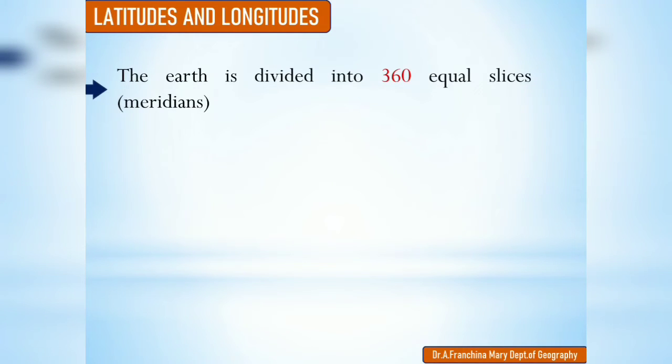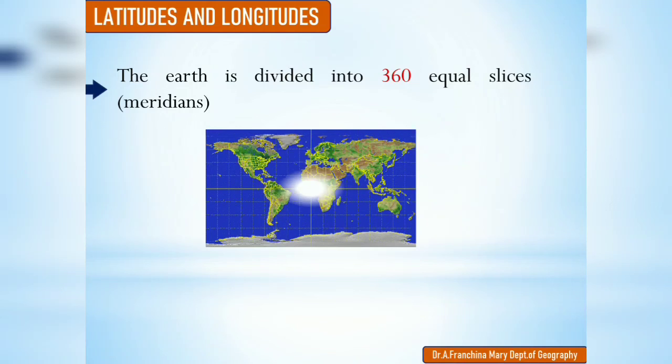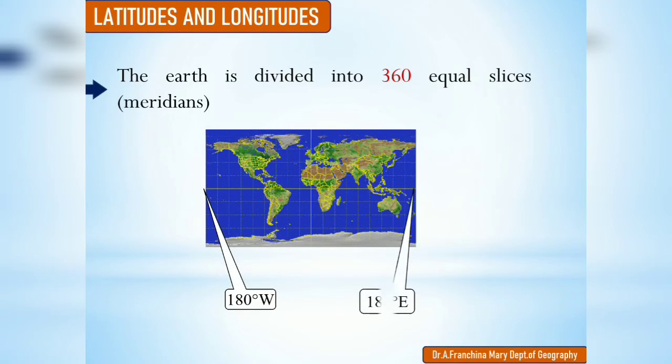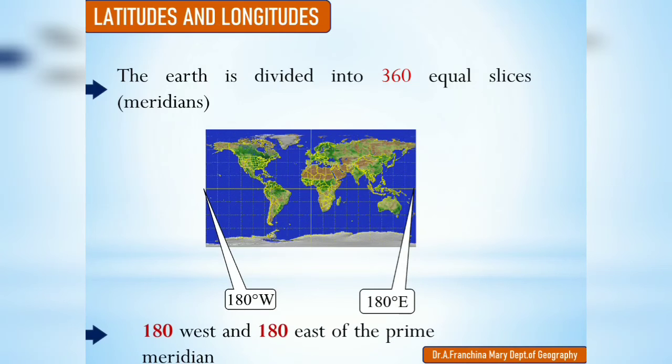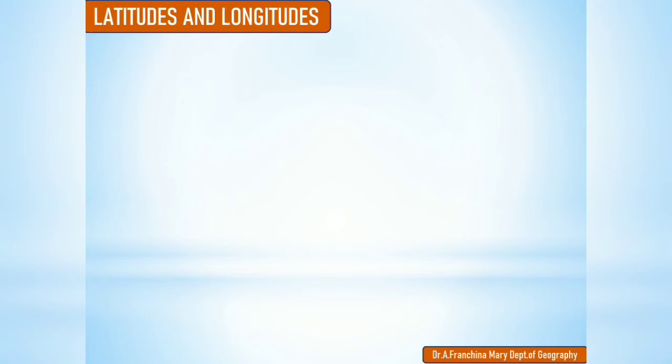The earth is divided into 360 equal slices, that is meridians, 180 degrees west and 180 degrees east. This 180 degrees west and 180 degrees east of the prime meridian helps to get the directions, and for each degree we can calculate time.